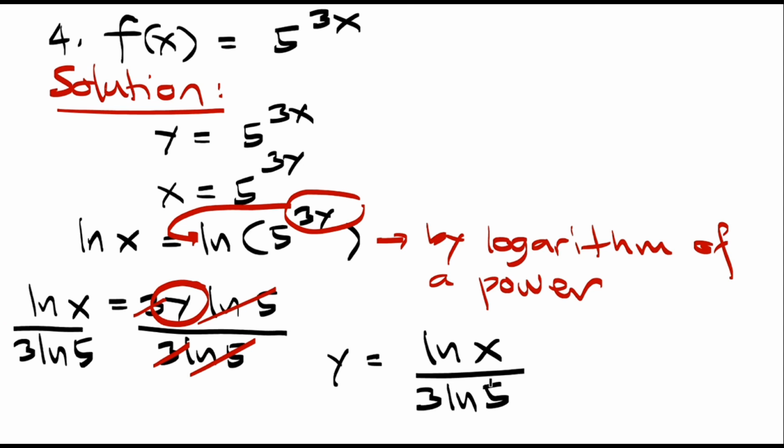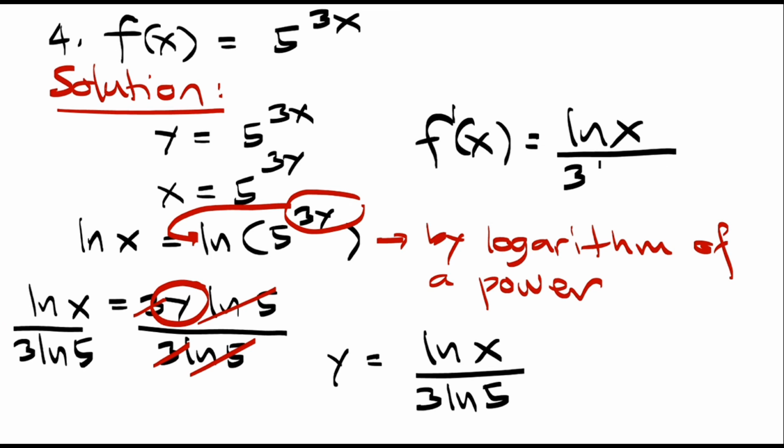And this is now the inverse of that exponential function. So our final answer will be f prime of x equals ln x over 3 ln 5.